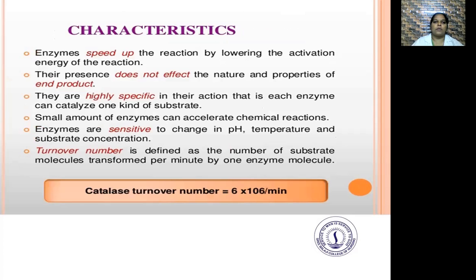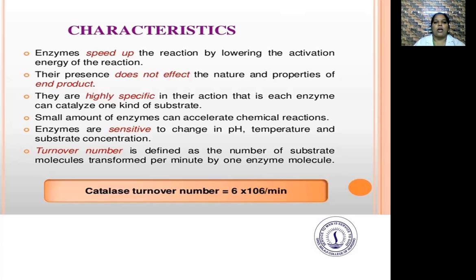Characteristics. Enzymes speed up the reaction by lowering the activation energy of the reaction. Their presence does not affect the nature and properties of the end product. They are highly specific in their action, that is, each enzyme can catalyze one kind of substrate. A small amount of enzyme can accelerate chemical reactions.